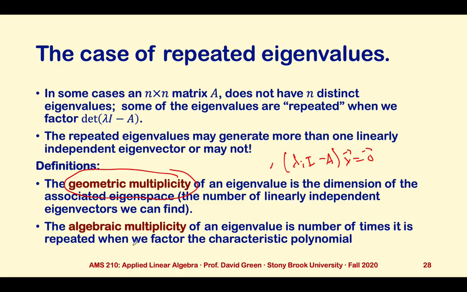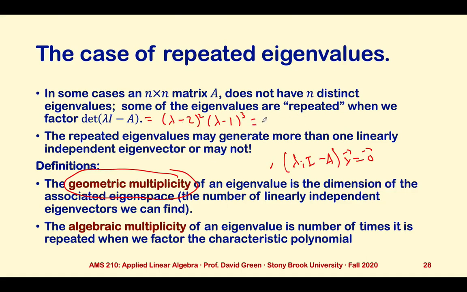The algebraic multiplicity is the number of times that eigenvalue is repeated when we factor a characteristic polynomial. So let's imagine that this characteristic polynomial gave us a factor of (x minus 2) squared times (x minus 1) cubed.